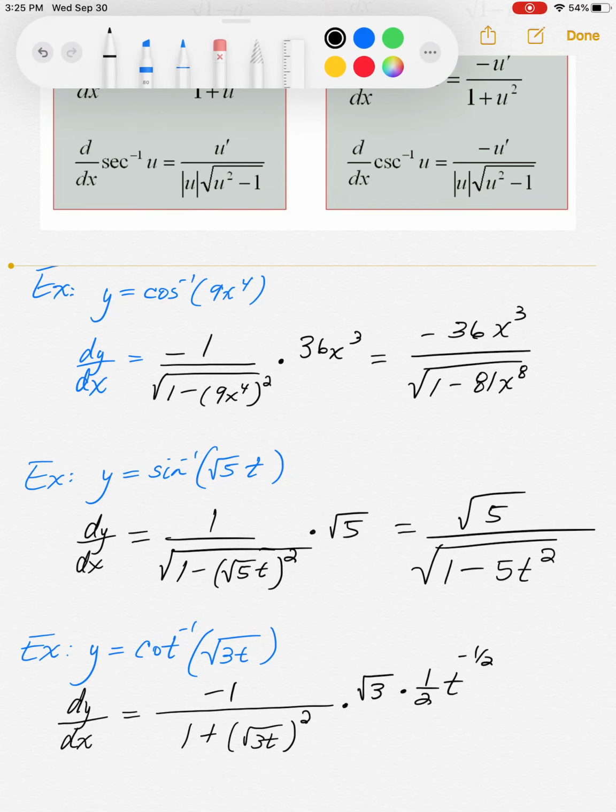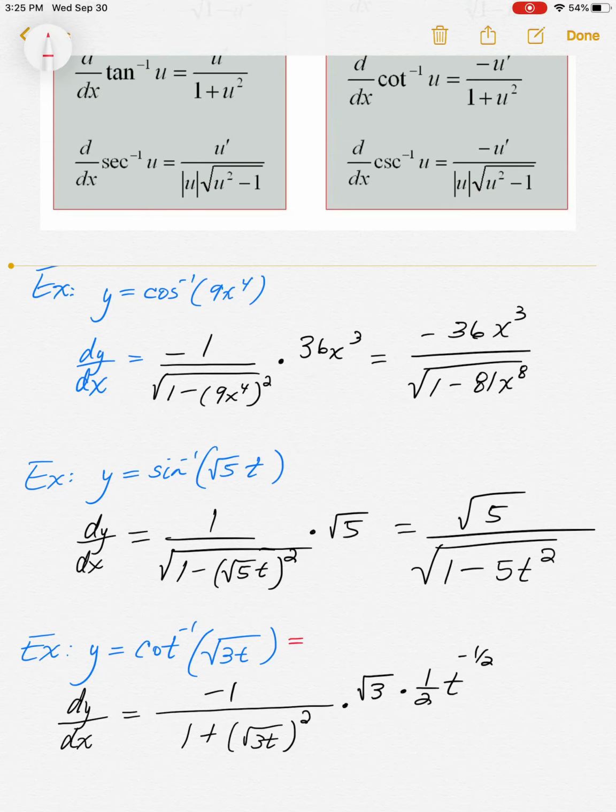Where did all of that magic come from? Right here in the red. Just notice that the square root of 3t is the same thing as saying square root of 3 times t to the 1/2 power. And then apply the power rule on the t.